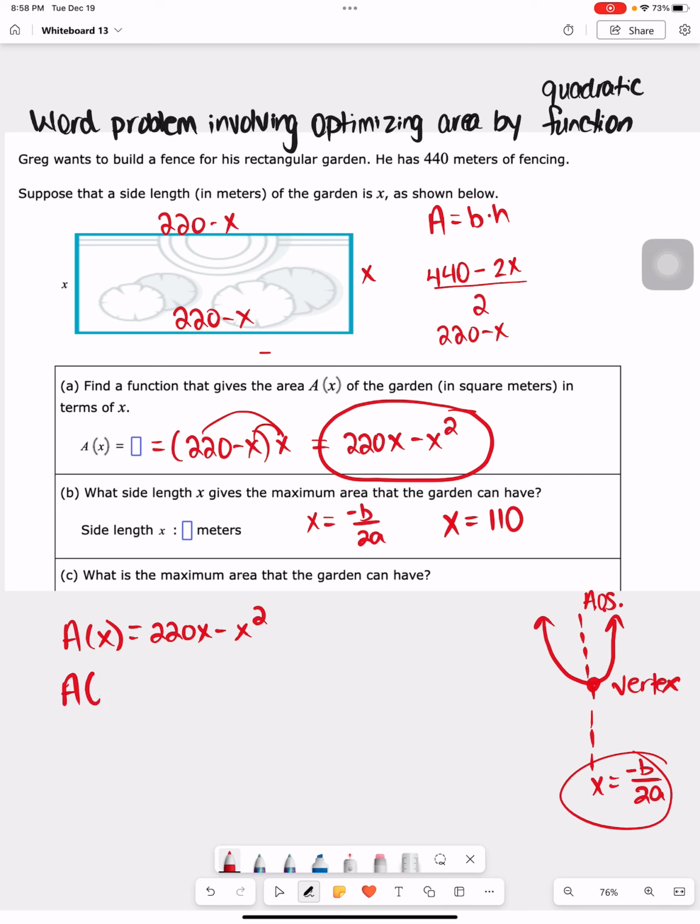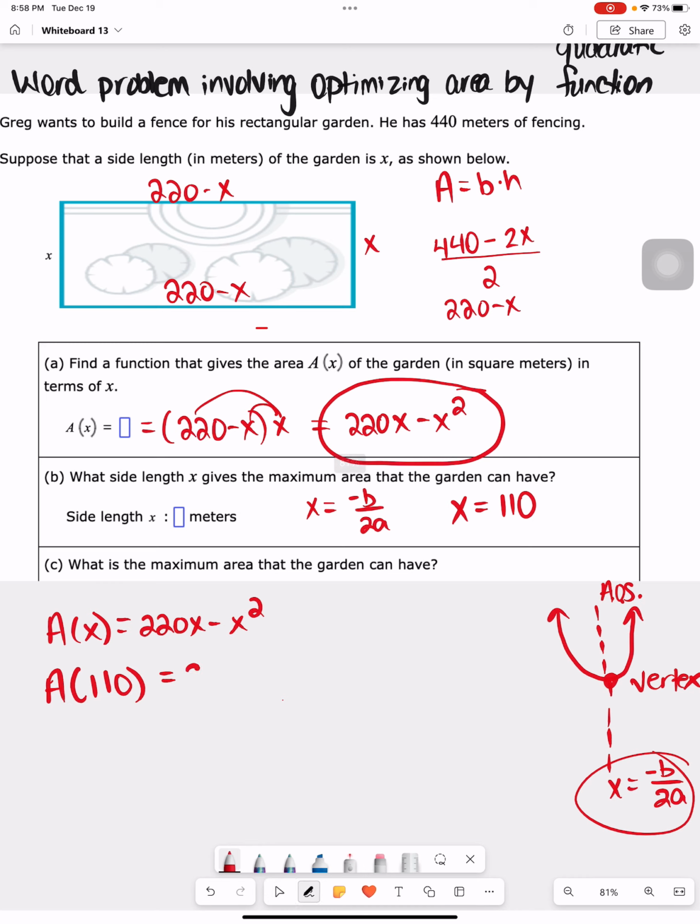Find the area when x is at its maximum, or when you're at that vertex. We found the vertex to occur when x equals 110. So we would substitute that 110 into our function.